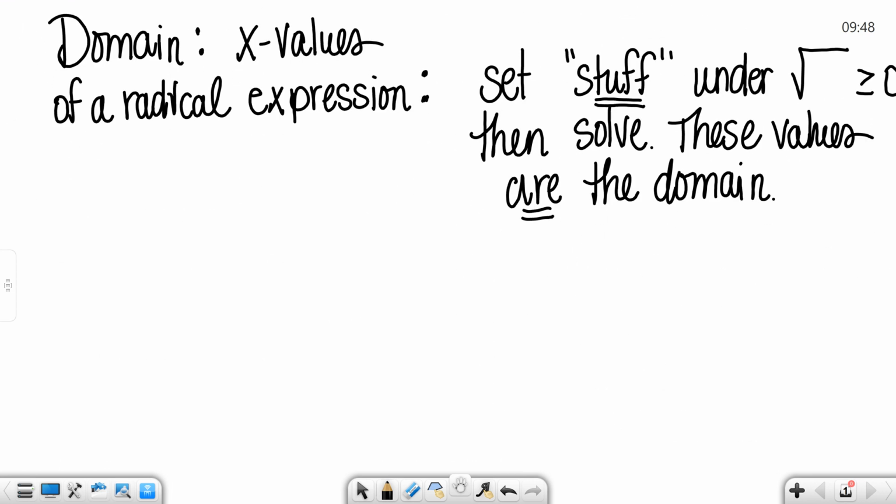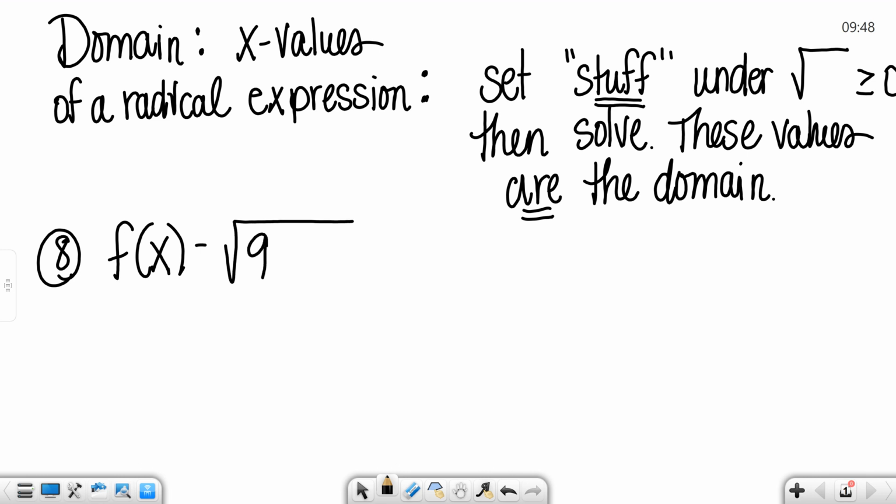So I'm going to give you a radical expression. Actually, I'm going to give you a radical function. So our function is the square root of 9x minus 27, and my directions are, let's find the domain.